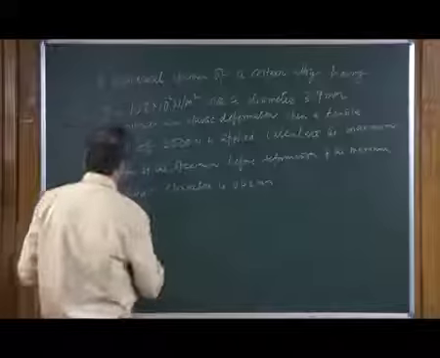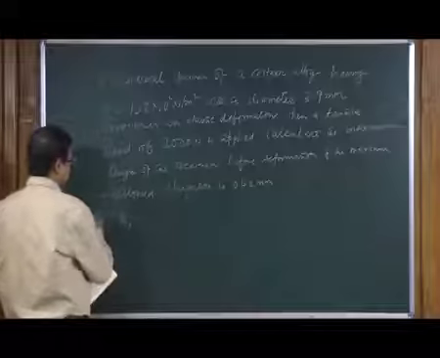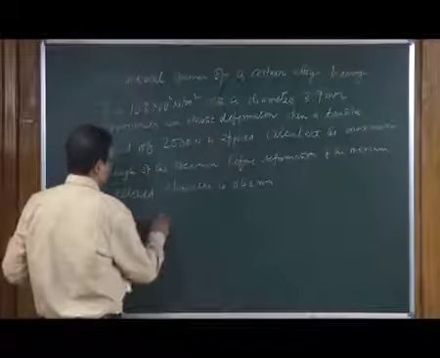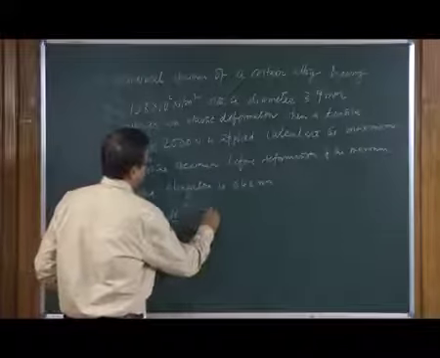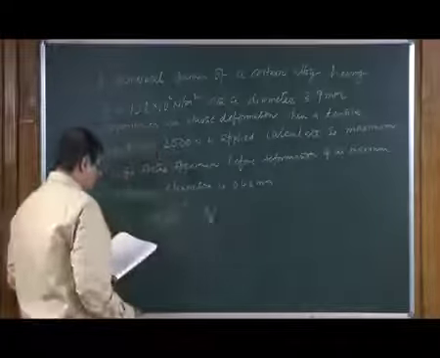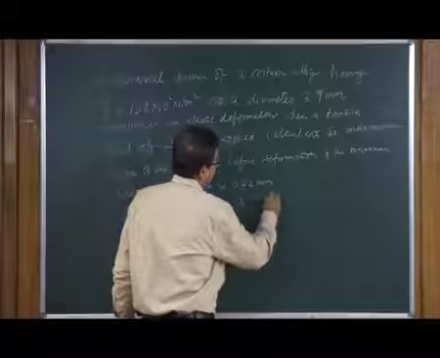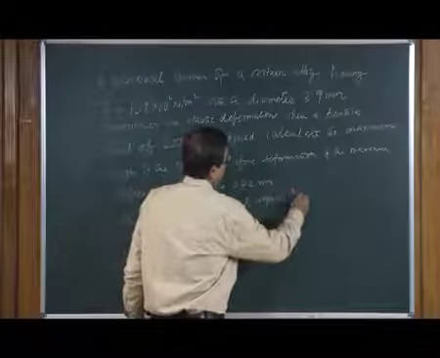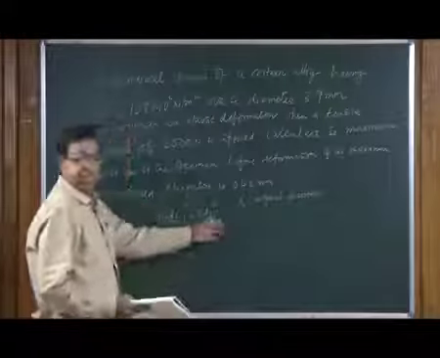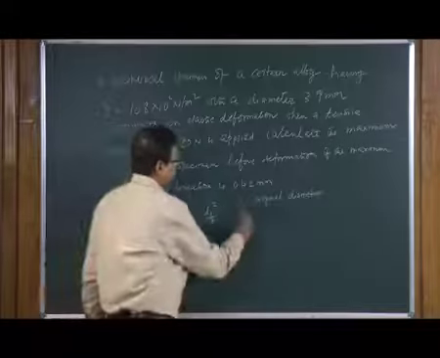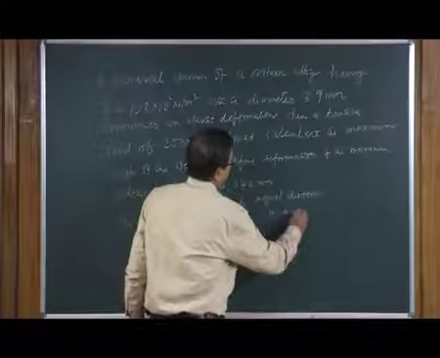For this cylindrical specimen, your initial area of cross section is equal to pi (d0 by 2) whole square, which is pi d0 square over 4, where d0 is the original diameter. By original, I mean before the extension, and A0 is the original area of cross section.